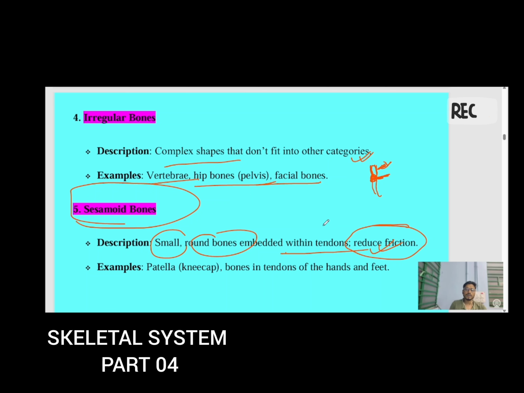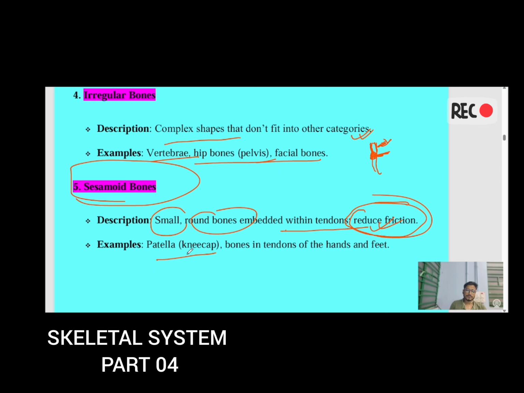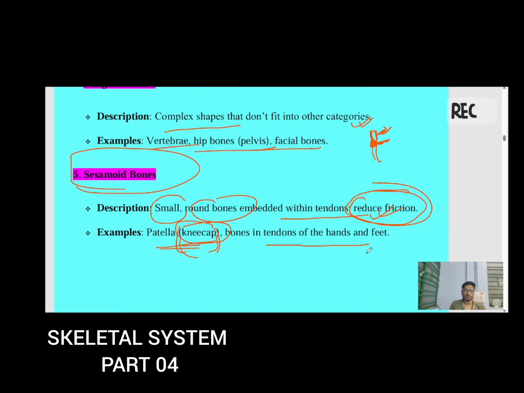We read about articular cartilage, a type of hyaline cartilage, which reduces friction among the joints, like the patella, the kneecap.